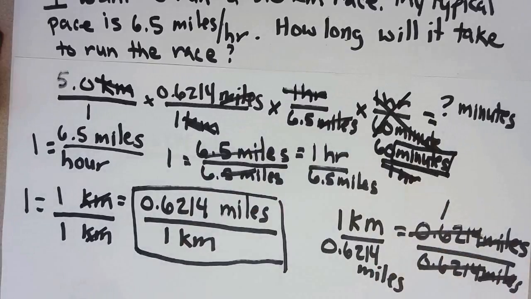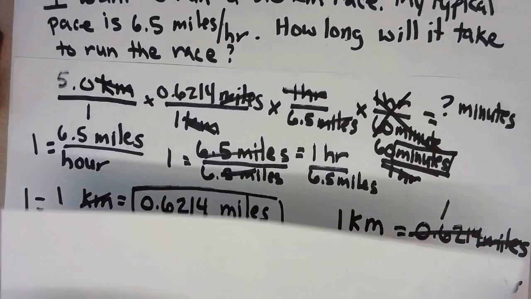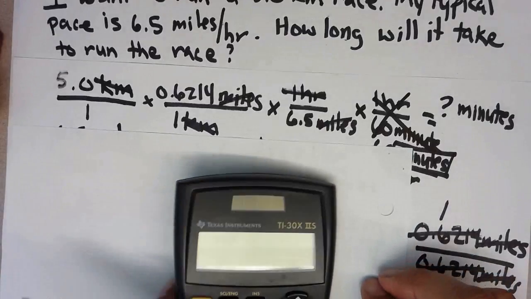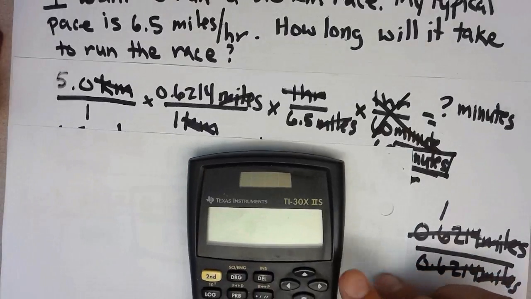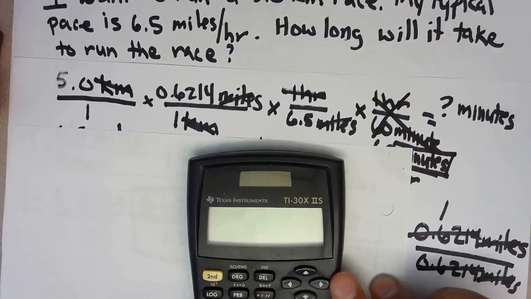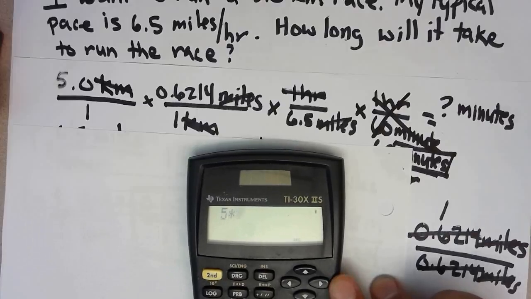So now comes the fun of plugging into my calculator. So we have the 5 kilometers times 0.6214 miles times the 60 minutes.